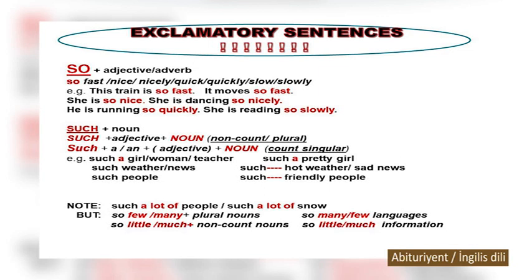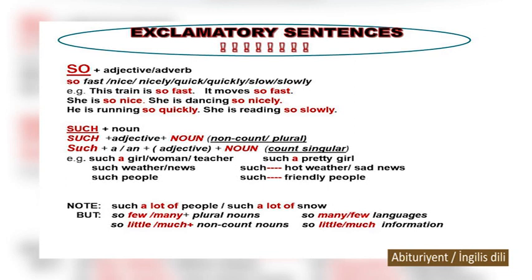Now let us see such plus adjective plus noun. You see, the adjective was given in black and small letters, but the noun has been given big letters. It means that such plus noun is important. After such, of course, we use a noun, but if our noun is countable and singular, we use the indefinite article.